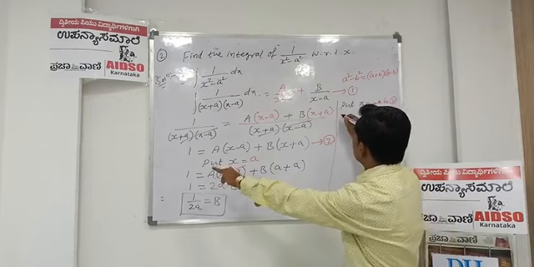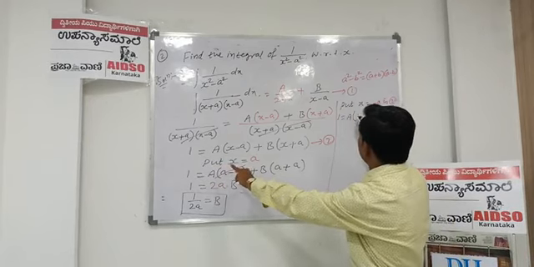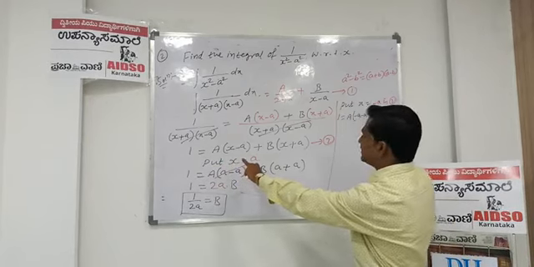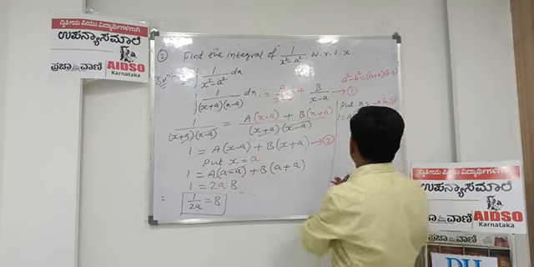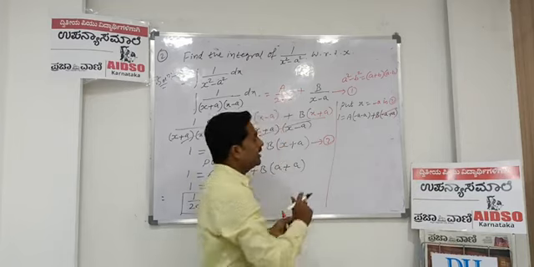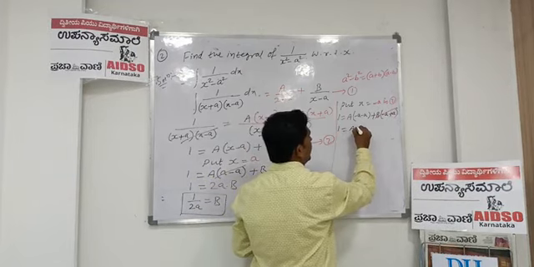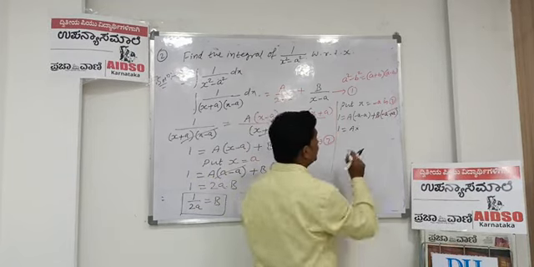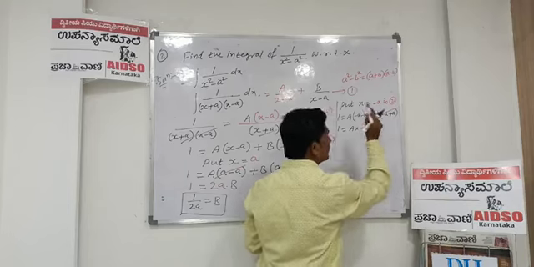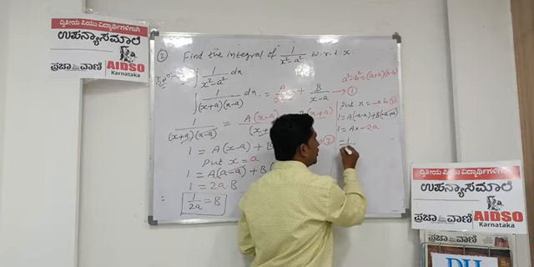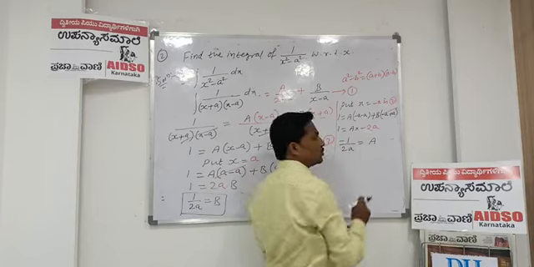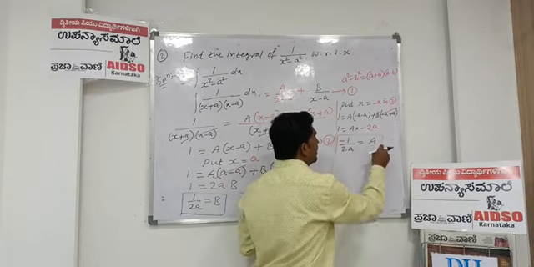Then 1 is equal to A into minus a minus a plus B into minus a plus a. The B part is entirely cancelled, and 1 is equal to A into minus 2a, so on simplification minus 1 upon 2a is equal to A.